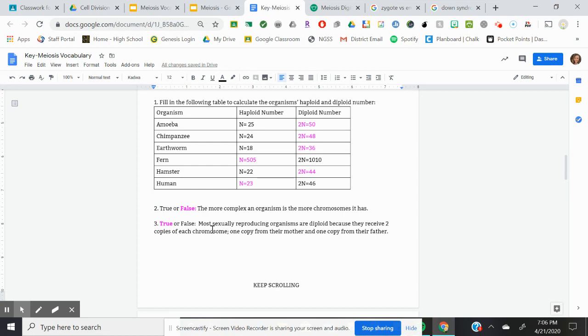Diploid, you have both shoes to make the pair, the left and the right. Your left shoe maybe you got from your mom, your right shoe you got from your dad. And you have 23 pairs of shoes or 23 pairs of socks for a total of 46 shoes or socks. Okay, think of it that way.